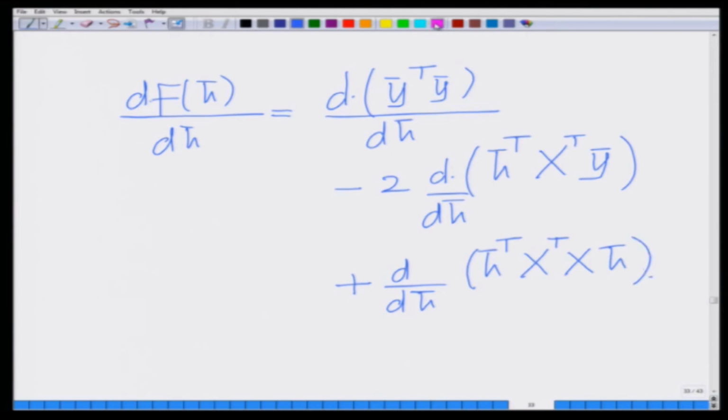And now if you look at this, this quantity y bar does not depend on your H bar, so y bar transpose y bar is basically 0.